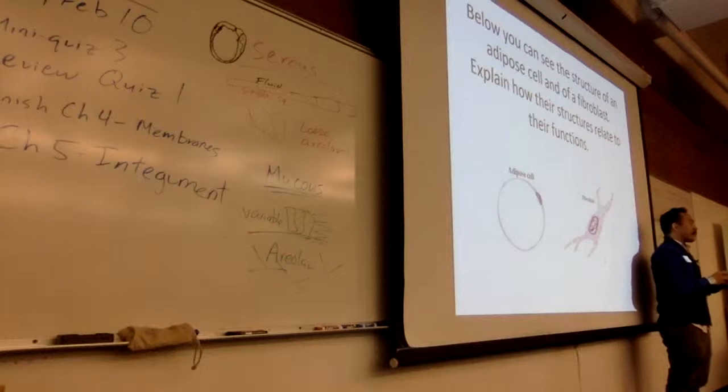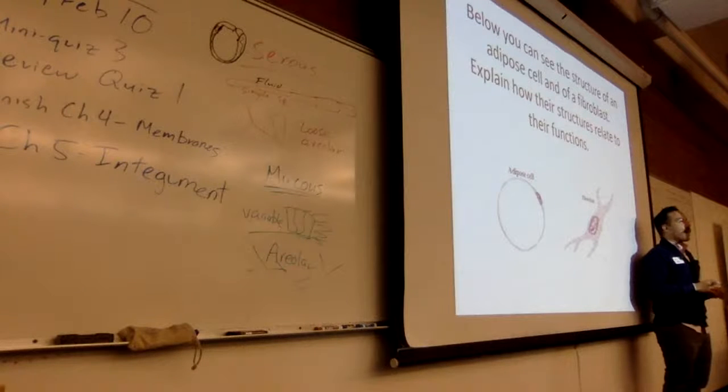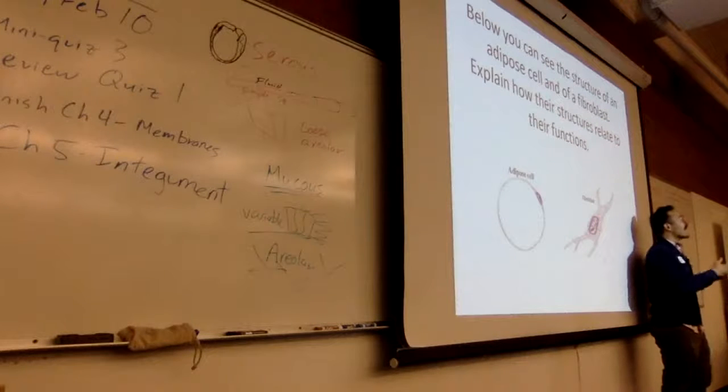I know neurons are branched also for the purpose of communication, but how do branches here help with? How would you describe a matrix? What is the word reticular? You described reticular. You don't know what reticular means? Like a mesh network, yeah.